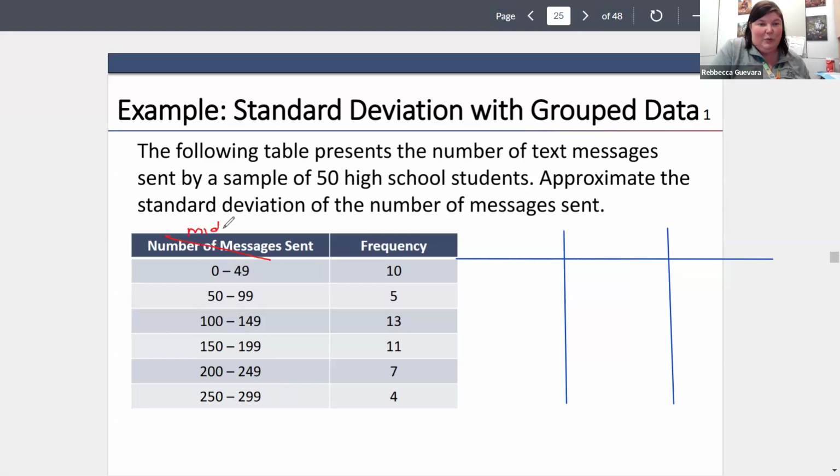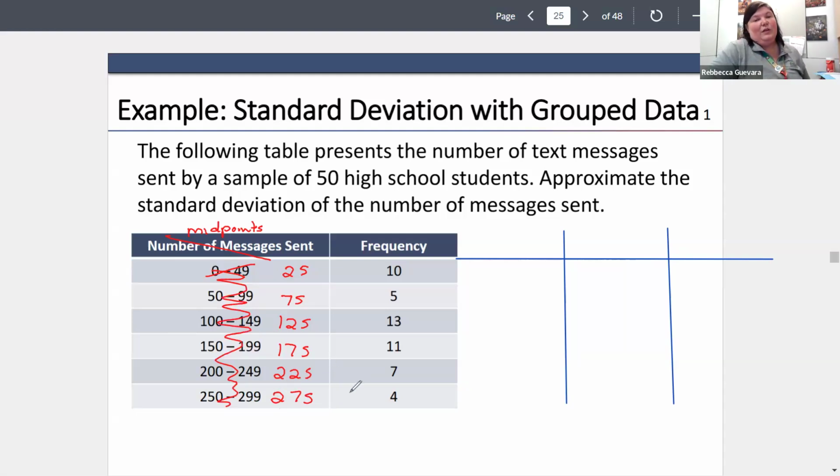If I just turn this into midpoints, we figured out the midpoint of this data was 25, and then we have 75, 125, 175, 225, and 275. So that's all my midpoints.